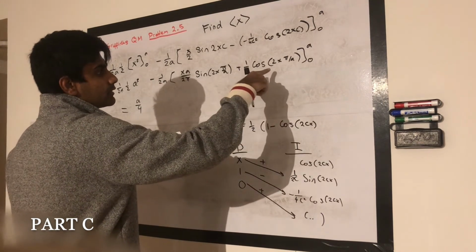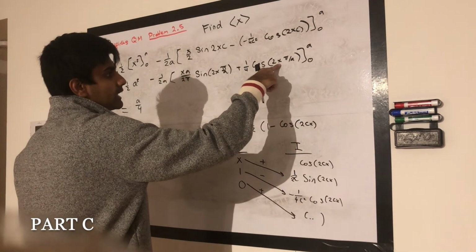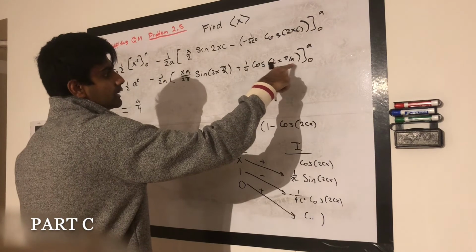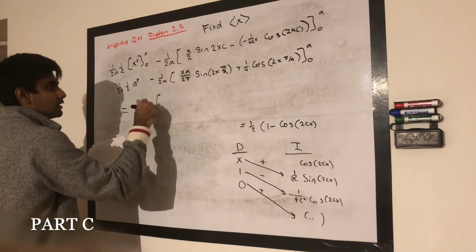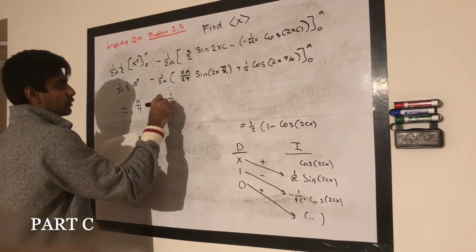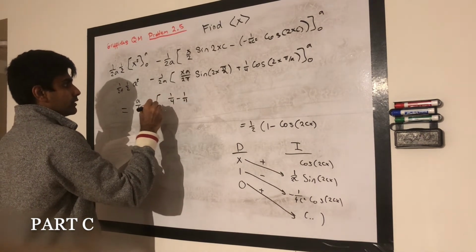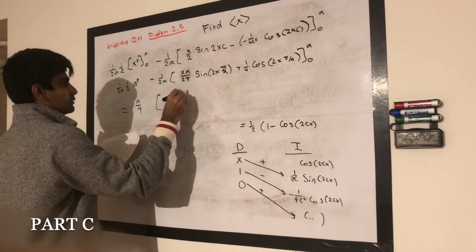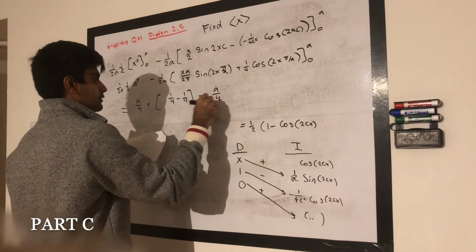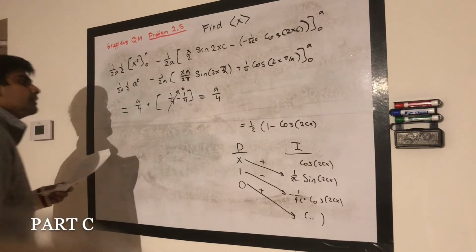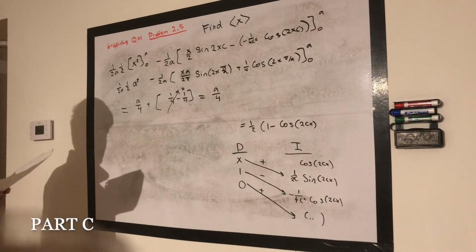And then cos a is 0, and cos 0 is also 0. So then this term becomes I think 1 over 4 minus 1 over 4, which is just 0. Yeah, so this term cancels out. So then you end up with a over 4.